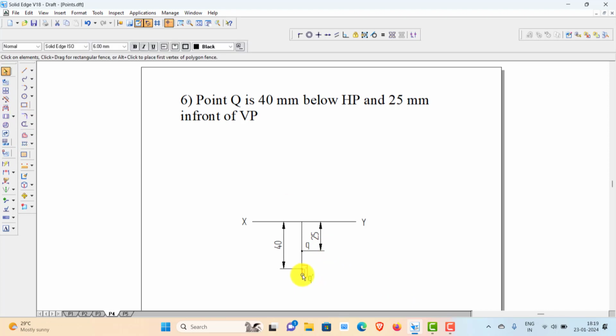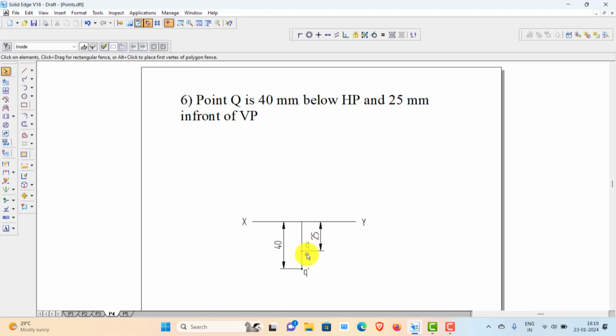So by seeing the view, you can understand the position of the point. Front view below XY line means point is below HP. 40 mm below XY line is its front view. So 40 mm below HP is that point.